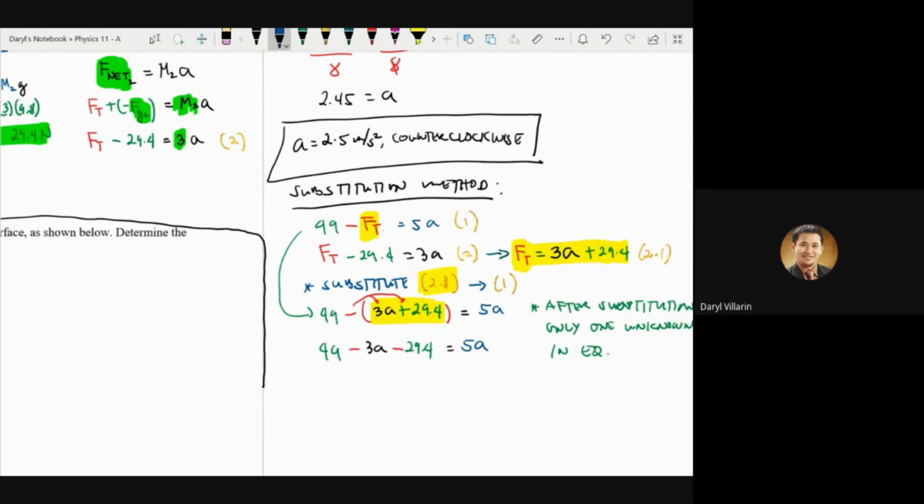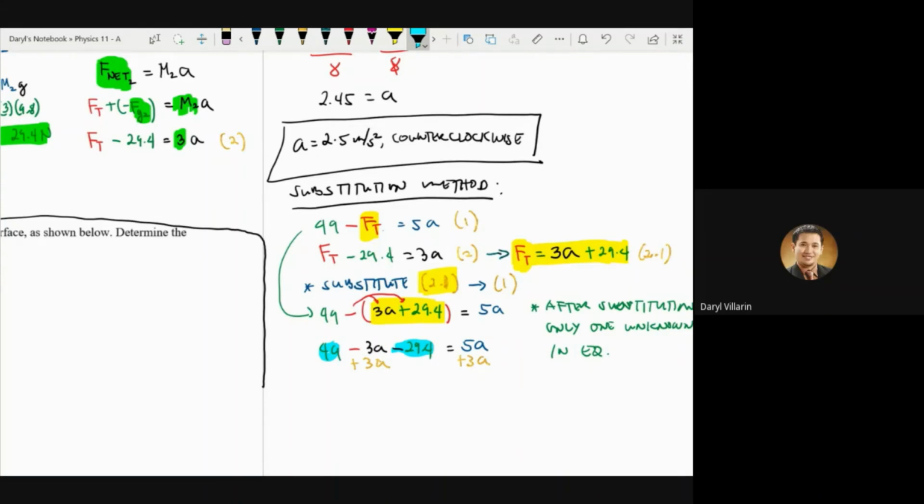So now this is just a matter of solving for the unknown A. So how would you do that? Again, we just group all the terms with the unknown. So I'm gonna transpose this one, so this is 3A plus 5A. I can combine the constants because they are both just numbers.